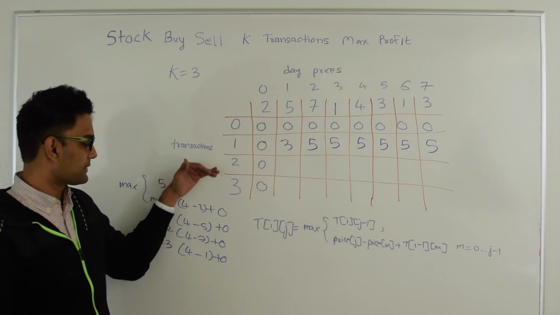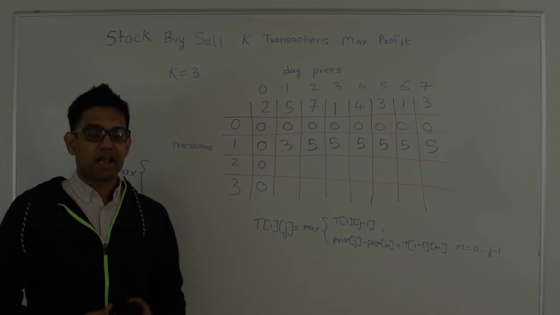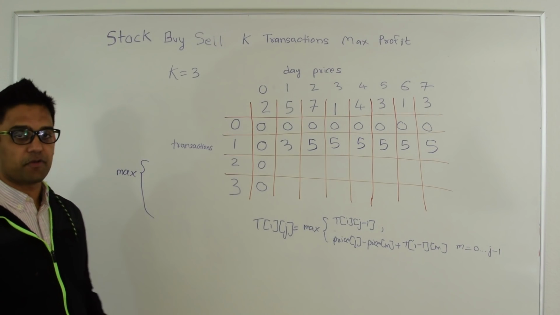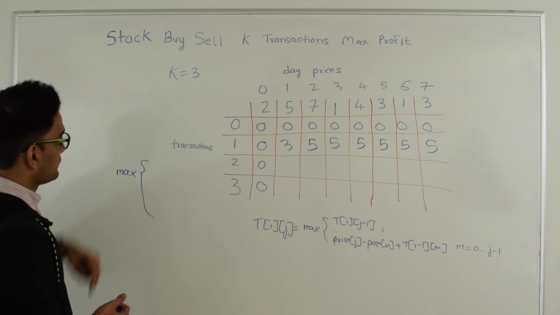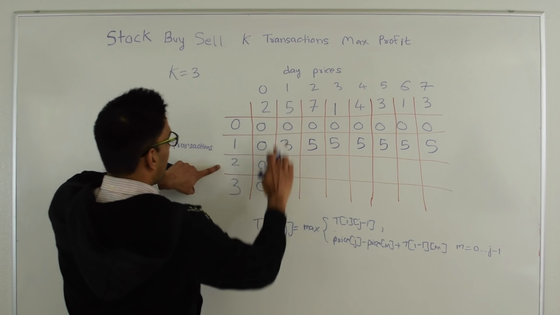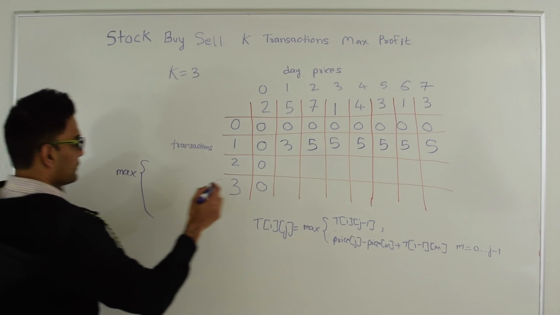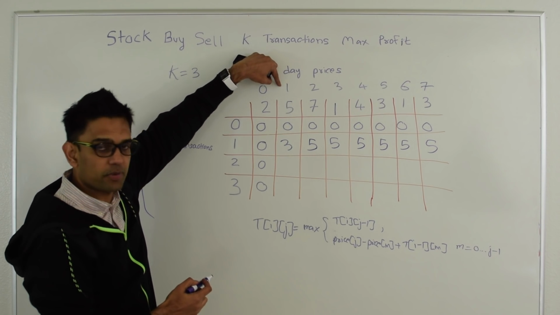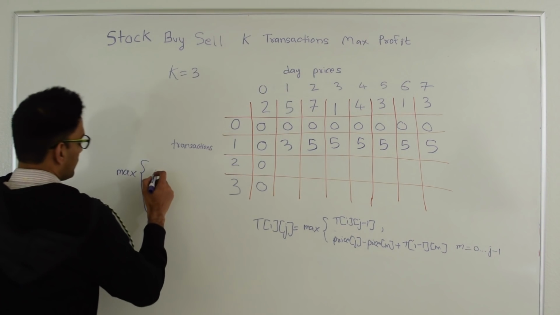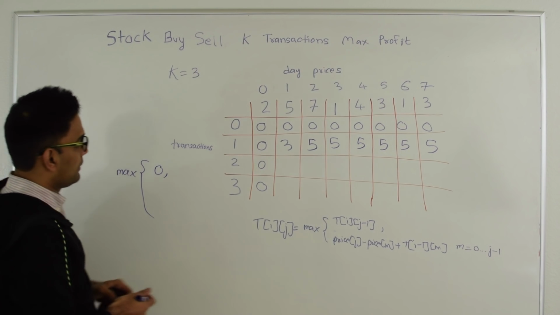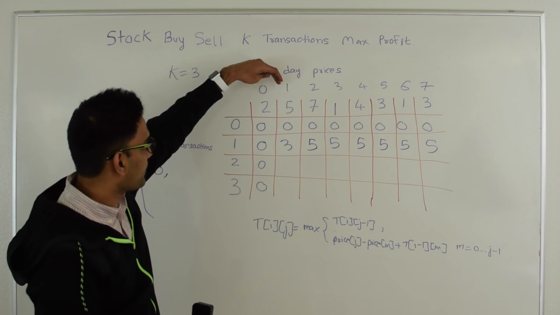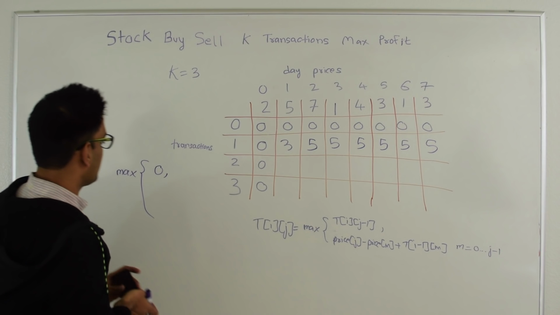Next, let's fill the remaining rows. Now the value of i is 2, so we have a total of 2 transactions. Starting with 2 transactions and day 1, what is the best you can do by not doing a transaction at all on day 1? That is 0. Or what is the best you can do by selling on day 1 and buying at day 0?